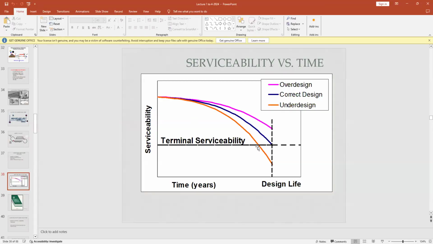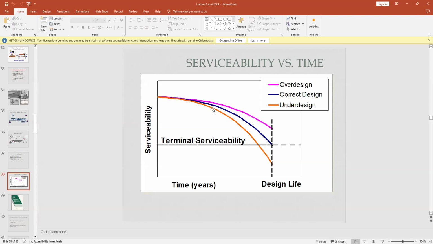Now, this line, under design, means the pavement had a premature failure. Actually, this line is very ordinary; normally you have a pavement failure much before the ideal life line. So this orange line is always, you can say, under design. But if it has passed 90% of the life, that's okay.